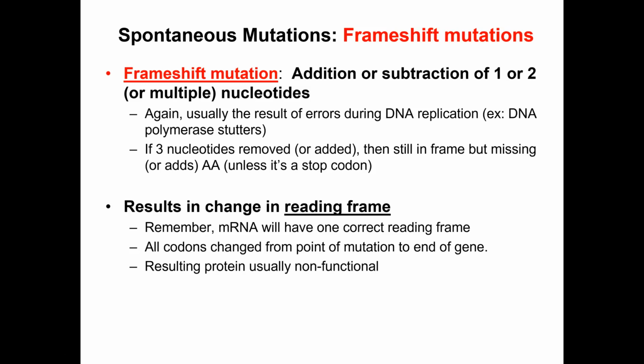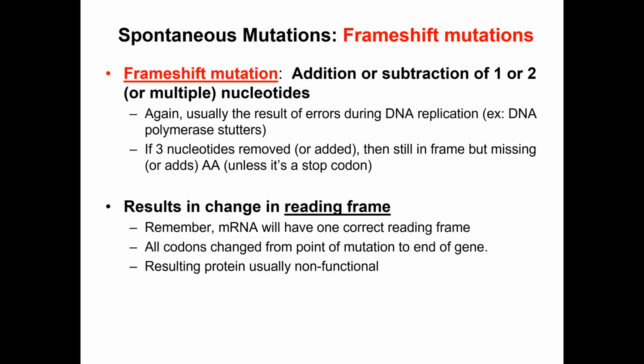So basically, from the point of the frameshift mutation on, it becomes garbage. All the codons get pushed out of frame, all the amino acids change, you get something totally different from what you wanted. With one exception. If you add 1 or 2 nucleotides or remove, it's bad.